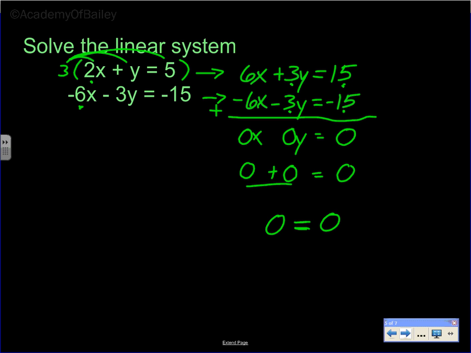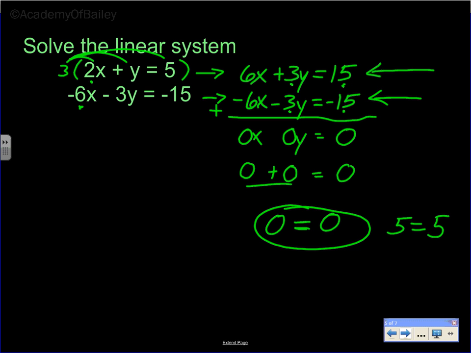Well, if 0 is equal to 0, that is true. That means that the top equation and the bottom equation are the same exact equations. And when you have a number equal to a number, like you could have had 5 is equal to 5, or you could have had -3 is equal to -3, all of these are true statements.